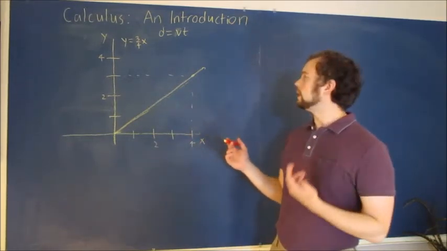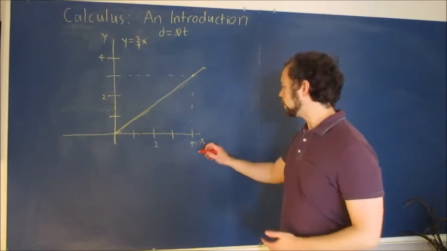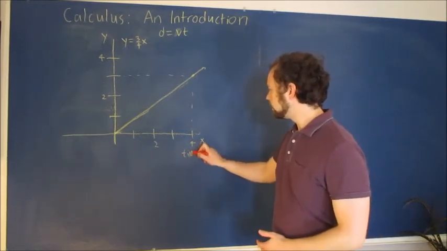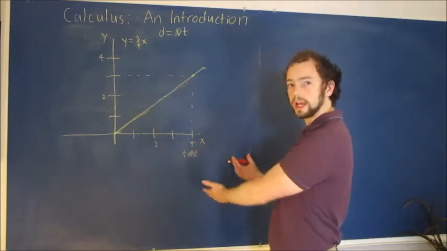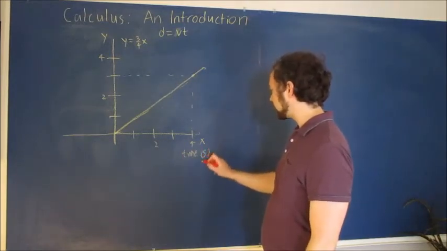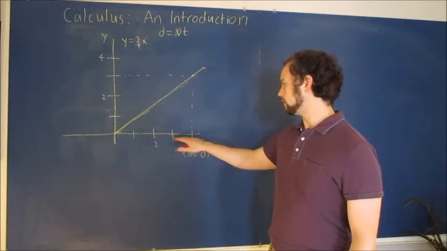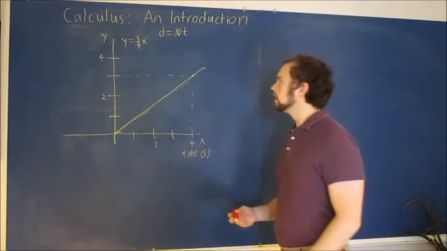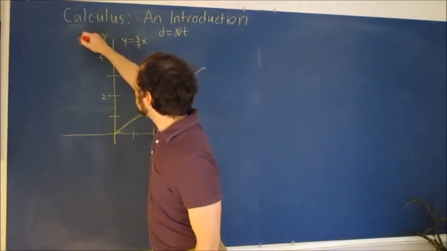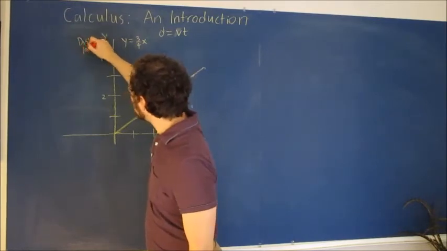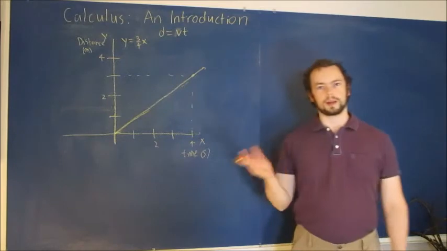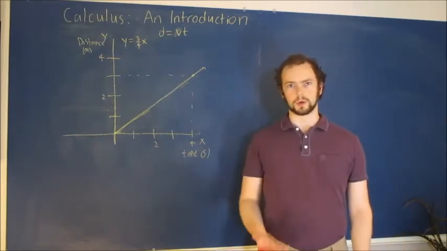If we wanted to, we could add concrete meanings to our variables. I could call x time in seconds, so this would be 2 seconds, 3 seconds, 4 seconds, etc. And y, I can make distance in meters. Now my rate of change has a concrete physical meaning.